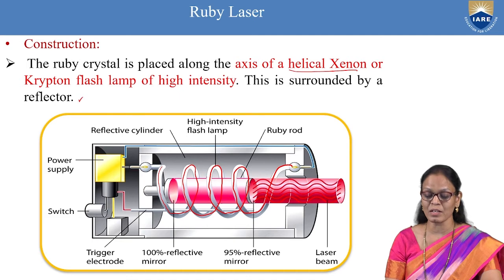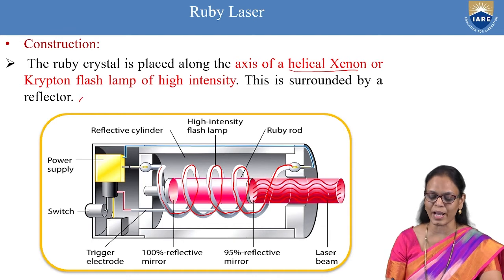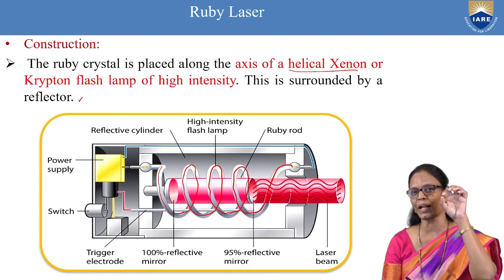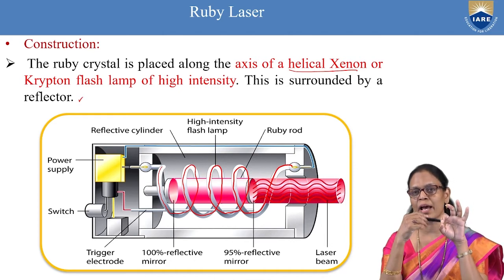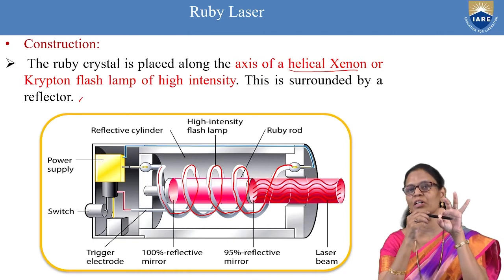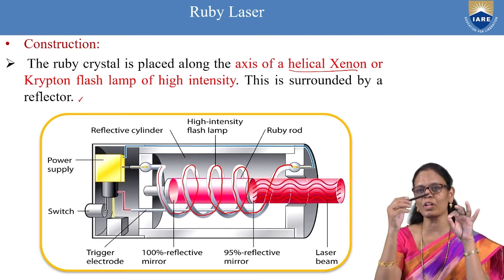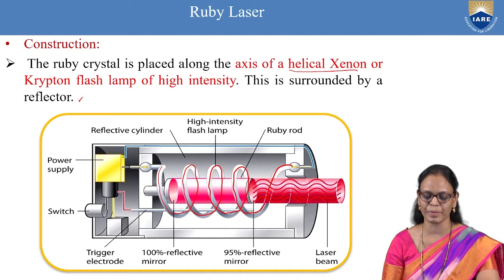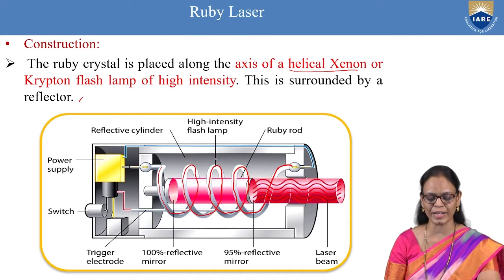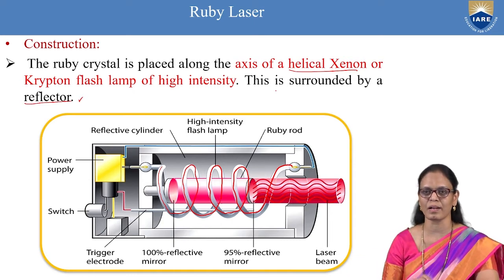So the energy source here is the flash lamp. How are we placing the ruby rod? We place the ruby rod along the axis of the helical xenon flash lamp, so that the rod is surrounded by this flash lamp. And also we have a reflector. Why we are using this reflector is, whatever light is emitted will reflect back onto the rod and not be lost to the surroundings.